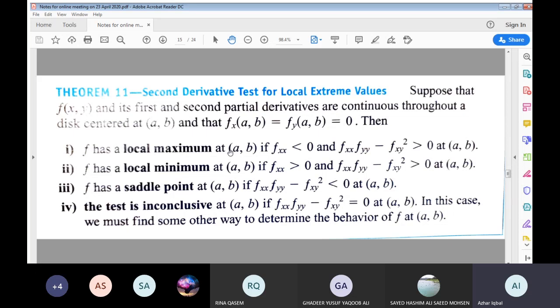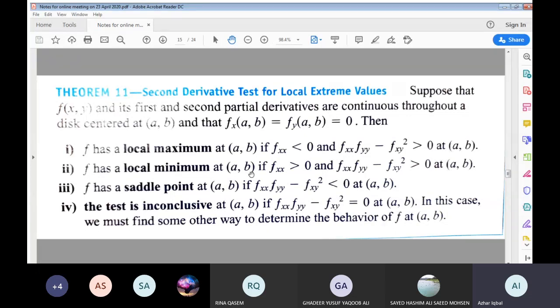has a local maximum at this point (a, b) if the second partial derivative of f with respect to x is less than 0, and the product of the second partial derivatives, the second partial derivative of f with respect to x times the second partial derivative of f with respect to y, minus the mixed partial derivative with respect to x and y squared, where first you differentiate partially with respect to y, then x, and then square it, calculated at the point (a, b), is bigger than 0.